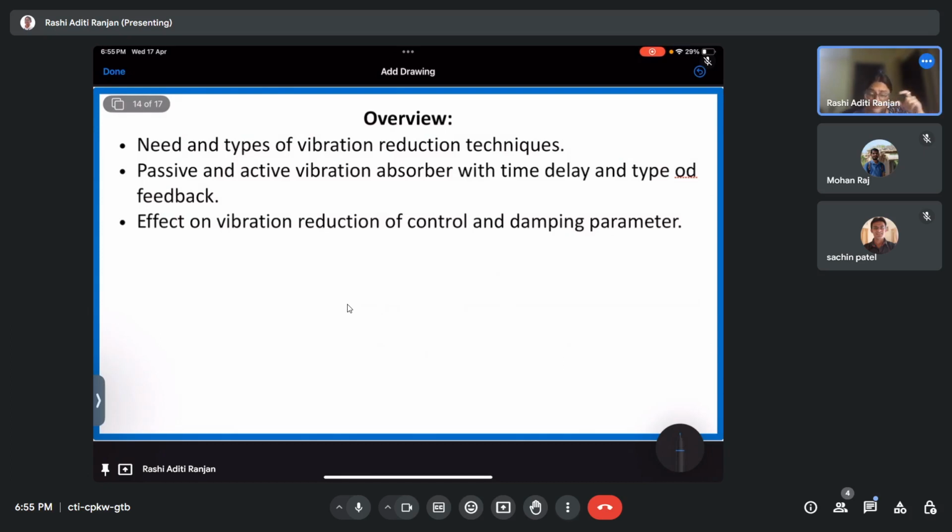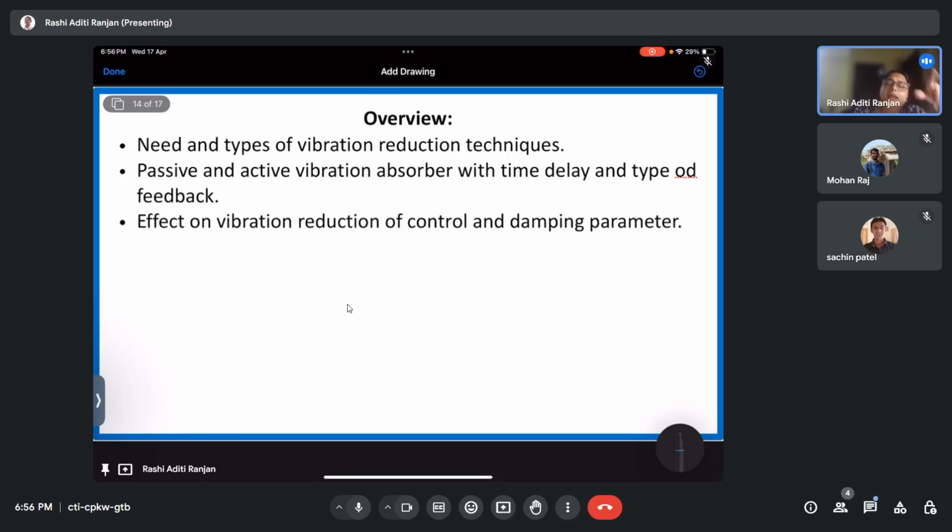It may be a good option for certain kinds of behavior, but if there is a fluctuating load on the system, then passive vibration absorbers would not work, right? In that case we would require an active vibration absorber.